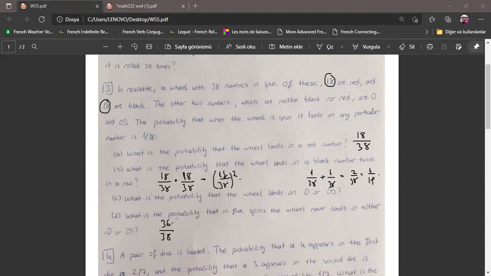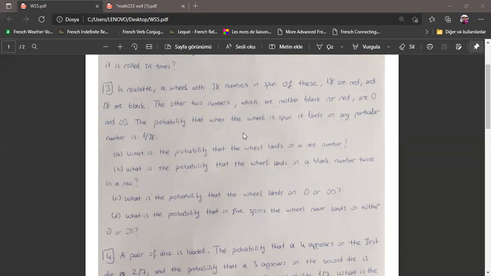We will have 36, right? Either the red numbers or the black ones. Neither 0 nor 00. Okay, this one was the first spin of that wheel. We will do that 5 times, so we will have this, right? Okay.